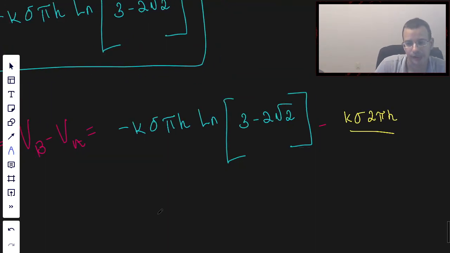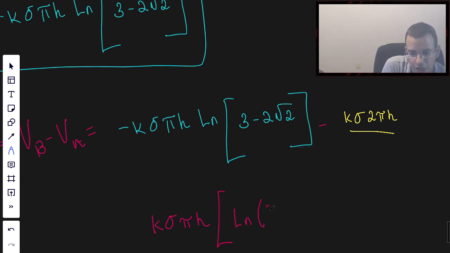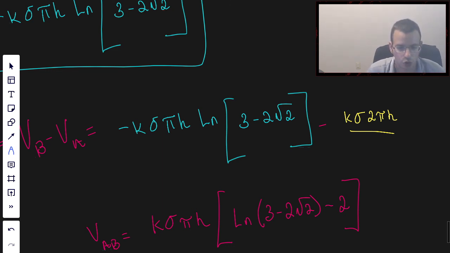So we're going to do K sigma pi H times a quantity, natural log of 3 minus 2 square root of 2, minus, and then the only term we have in there is 2. So voltage AB is going to give us that value right there. And that should be the final answer for what we got.